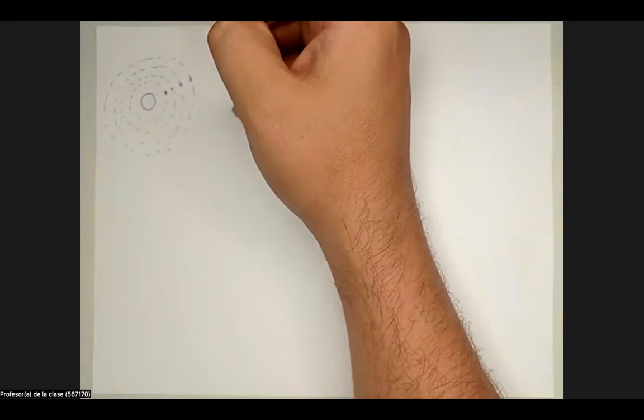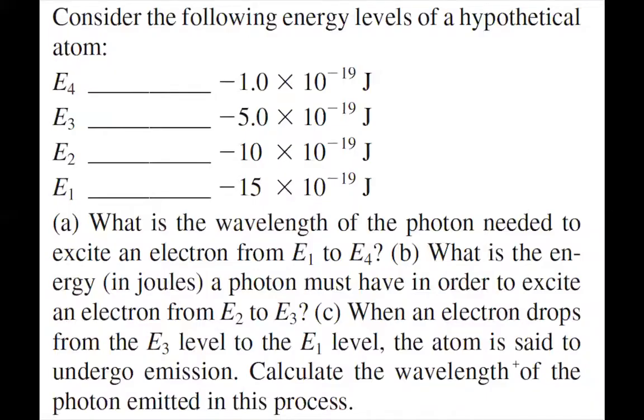let's return to the question. The energy on the first level is about minus 15 by 10 to the minus 19 exponent, in joules.